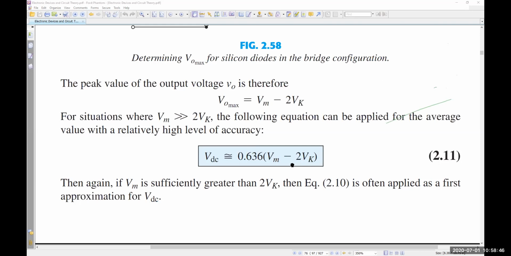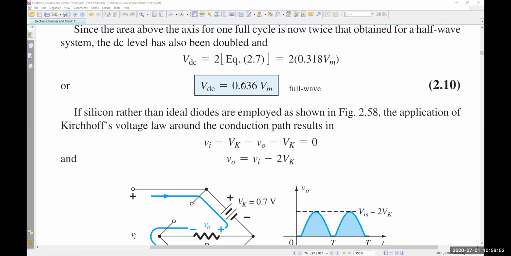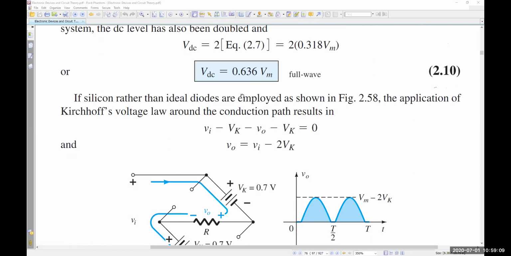If you use gallium arsenide, again Vm minus 2 Vk. But if you use an ideal diode, that means an impossible diode, right? Ideal diode means impossible diode. Ideal diode is not possible. If you use an impossible diode, then that is your formula: 0.636 Vm. Okay?